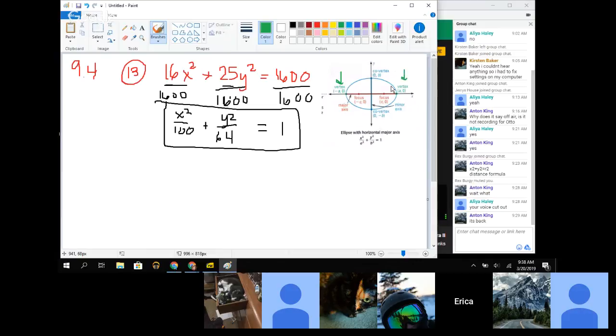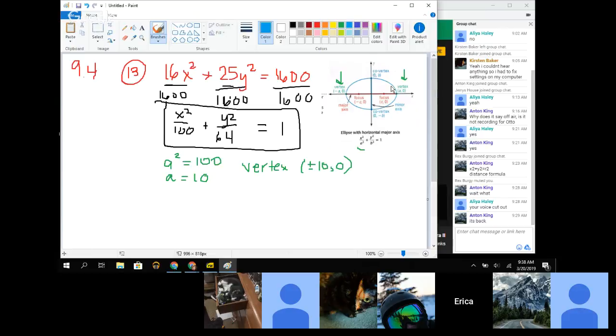You notice your vertices are at (a, 0) and (negative a, 0), and a squared is under x squared. So a squared is 100, or a is equal to plus or minus 10, right? So that tells me that my vertices are at plus or minus 10, 0.